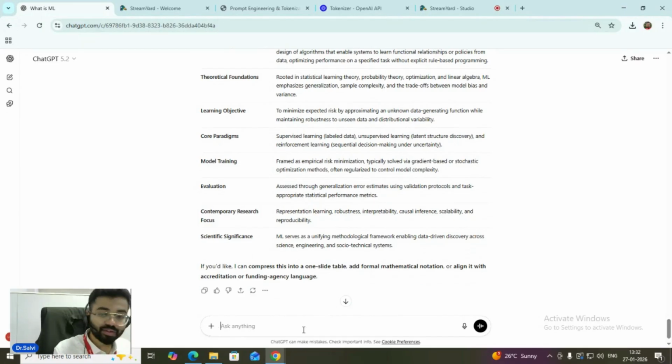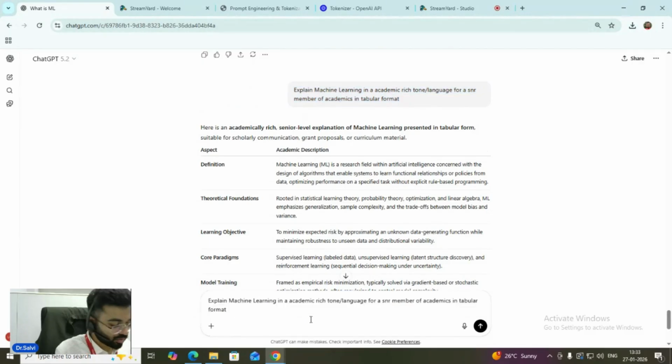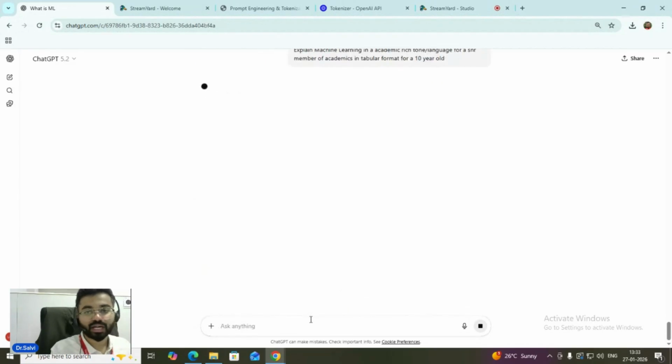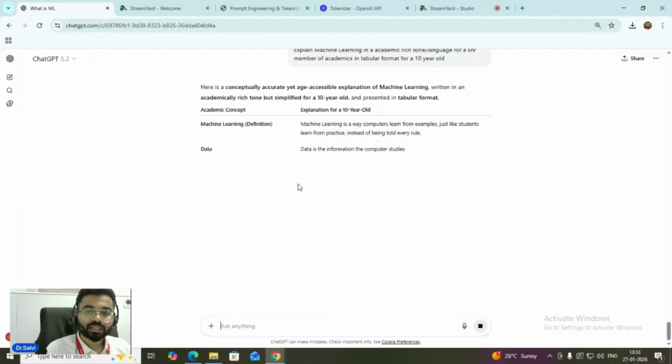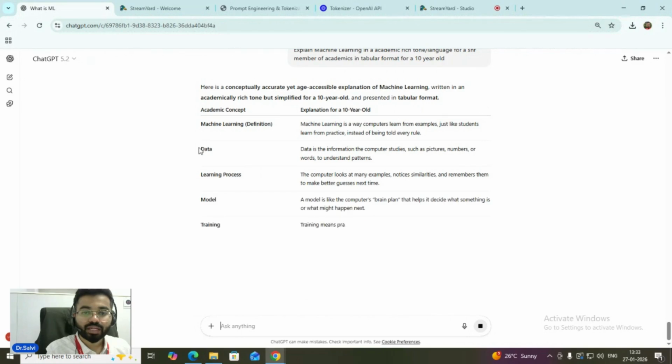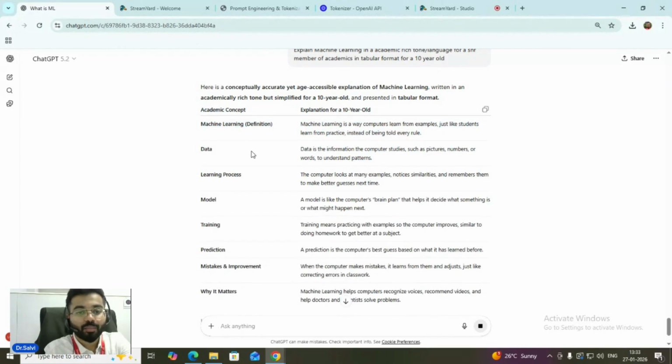And now if we just talk about this for a moment, let us also format it for a 10-year-old. If I just add one more constraint over here, right? So what happens is, if I just talk about the data, let us take one row, that is the data, right? And data over here is written as data is in the form of computer studies, as pictures, numbers, and all of this.